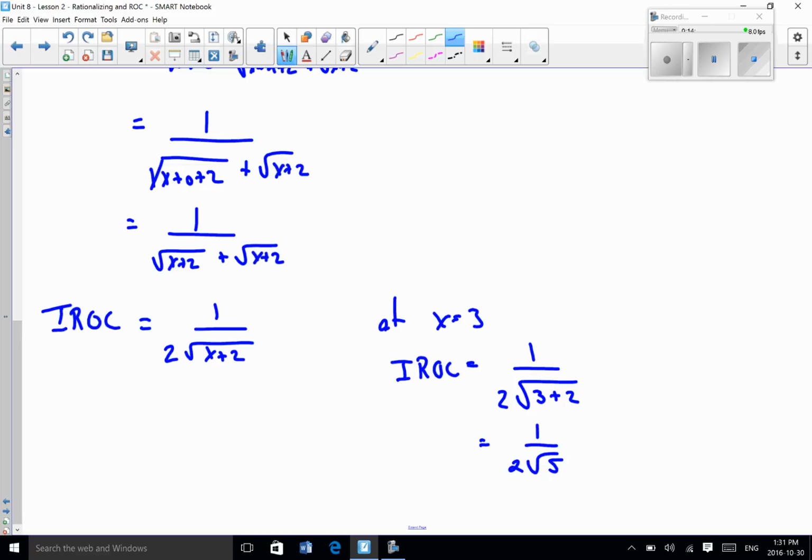Just use your calculators. Okay, and that's how we can use radicals in a much more challenging situation. As I said, sometimes you're going to want to rationalize the bottom, sometimes the top, depending on what the original function looks like. If the radical is in the bottom at the beginning, that's when you need to rationalize the bottom. If it's in the top at the beginning, that's when you need to rationalize the top.